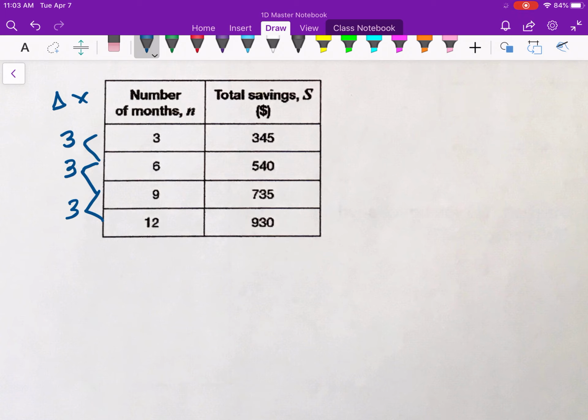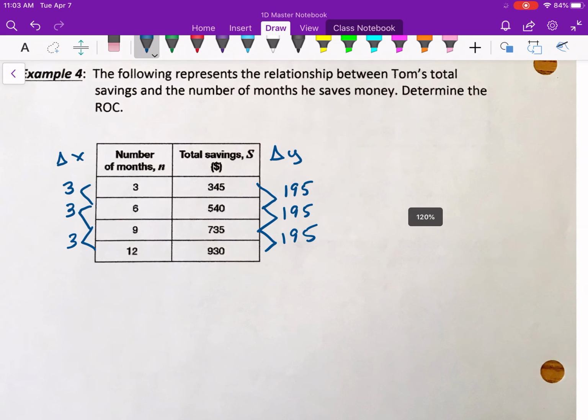For delta y, or first differences, might need to do a little bit more calculation, but from 345 up to 540 is going up by 195. And 540 to 375 is 195. I'll put the units in at the end, but for now I'll just write the numbers down. Each time it's going up by 195.